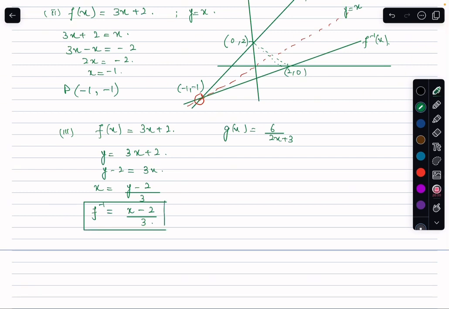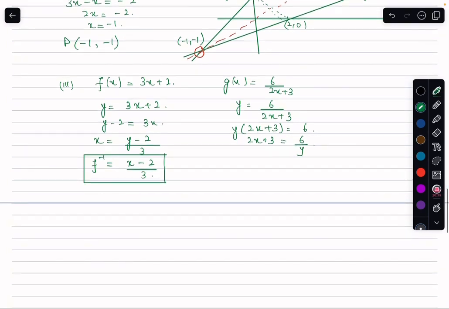This is going to be my inverse function equation. In the same manner, I will get the inverse of g. I can say y equals 6 divided by 2x plus 3. My objective is to make x the subject. So cross multiplying, y times (2x plus 3) equals 6, or 2x plus 3 equals 6 divided by y. Taking 3 to the other side, 2x equals 6 over y minus 3.